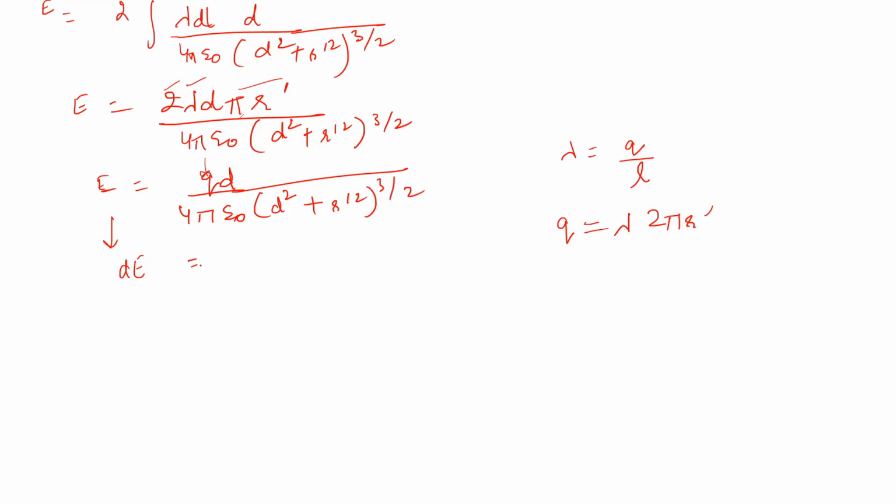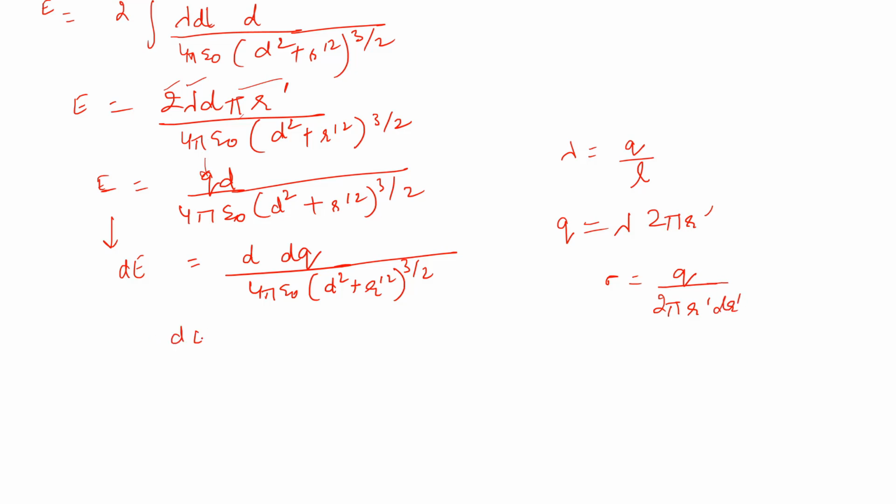So it will become d, and the charge will become dq, over 4 pi epsilon naught, d square plus r dash square to the power 3 by 2. Now again integrate it. In case of the disk, sigma will come, the surface charge density. Sigma is charge per unit area. So the area is 2 pi r dash dr dash.